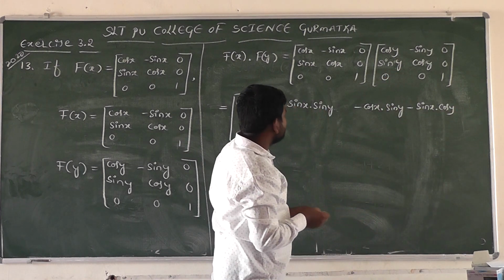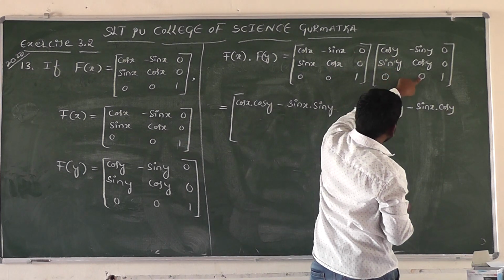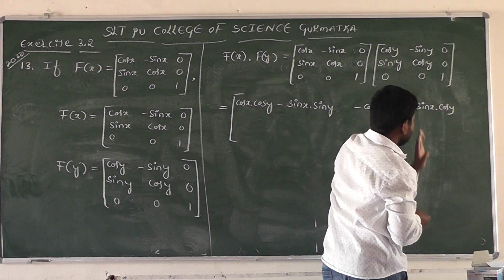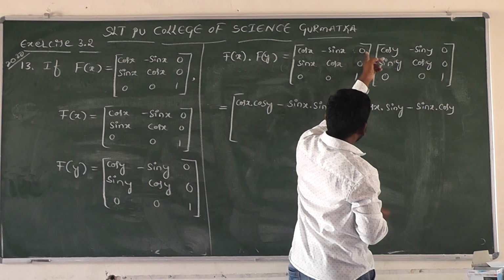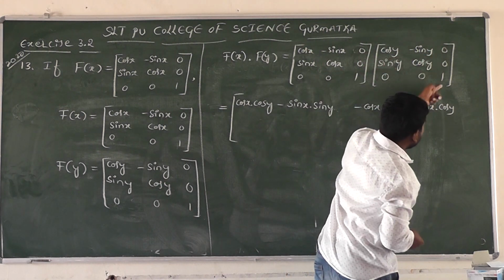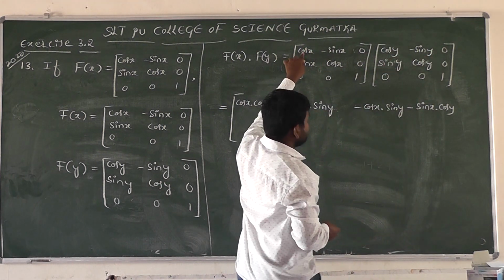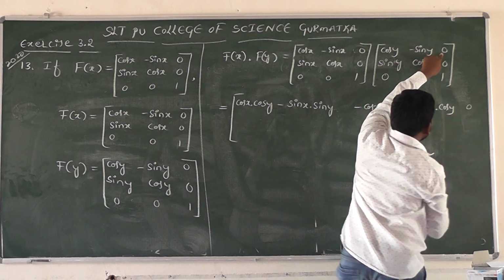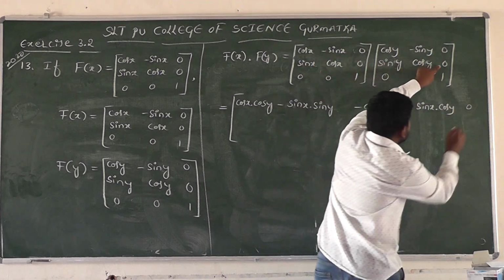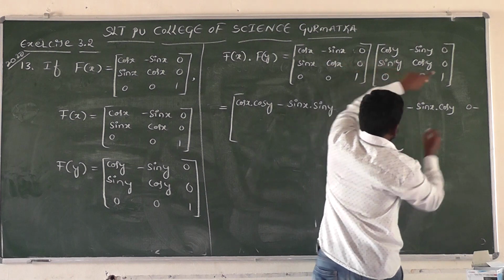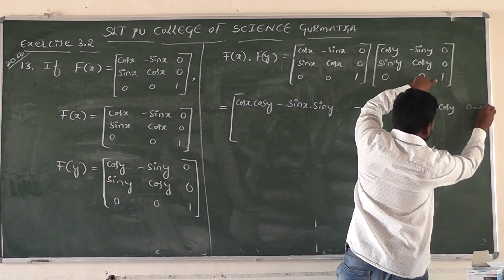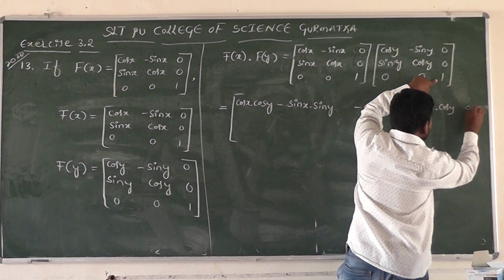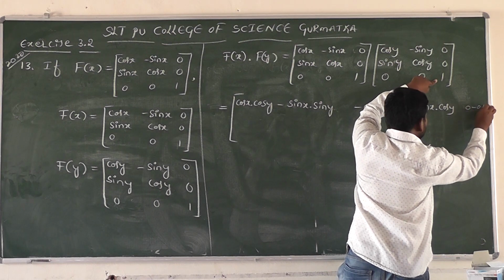Next, 0 plus 0 into 0, 0, it is not necessary. Next, we have to multiply first row, third column. Cos x into 0, 0. Next, minus sin x into 0, 0. Next, 0 into 1, 0. This element is 0 minus 0 plus 0, right?